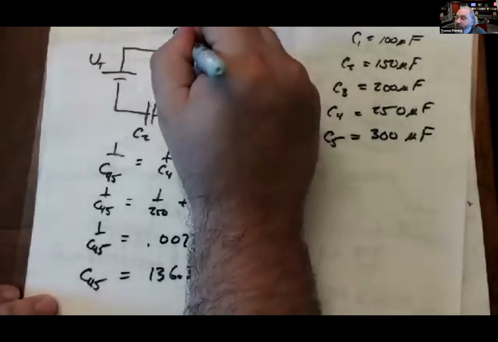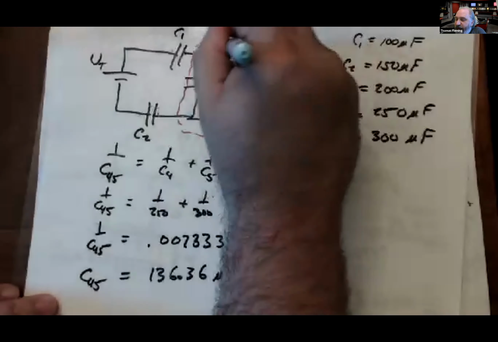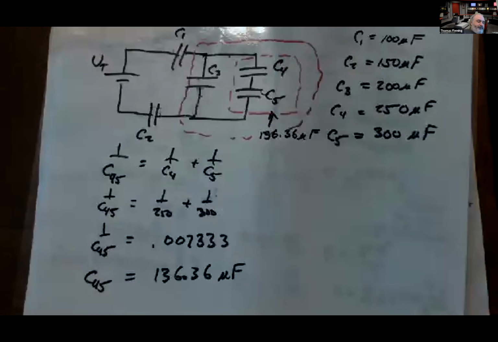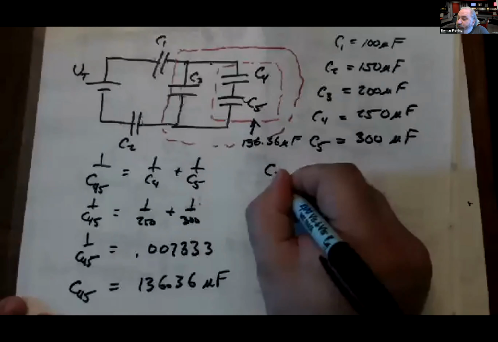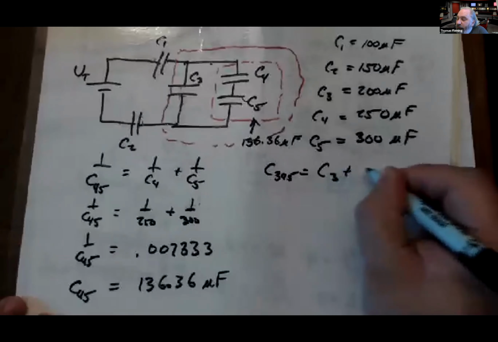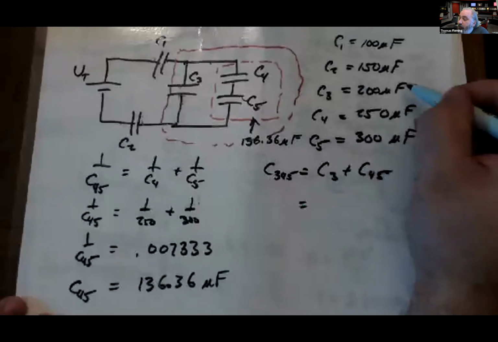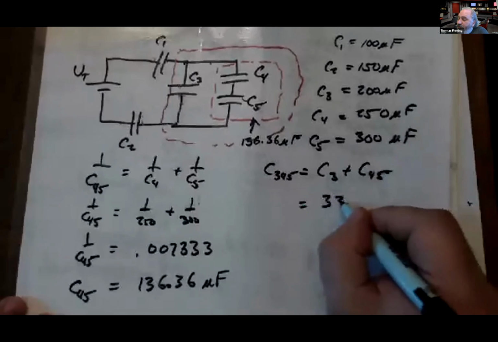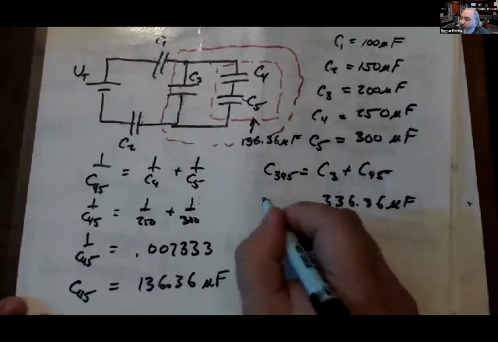The rule for things in parallel is just add them. So C3,4,5 combined is just going to be C3 plus C4,5. C3 is 200, so it's going to be 336.36 microfarads.